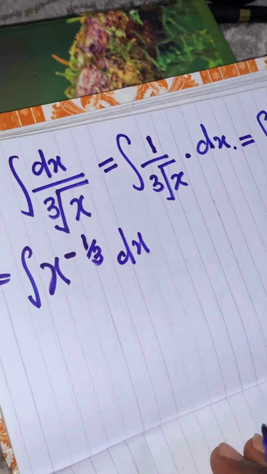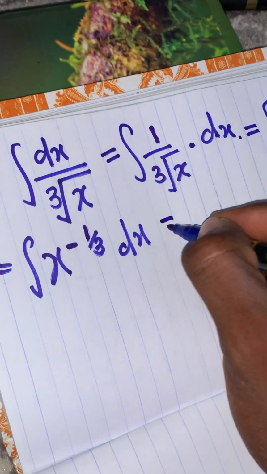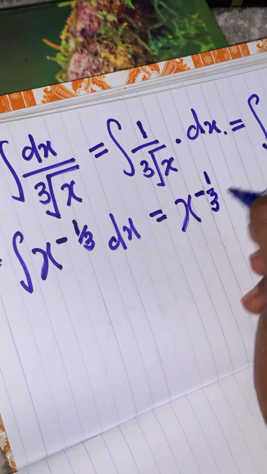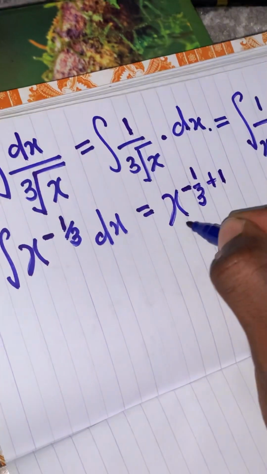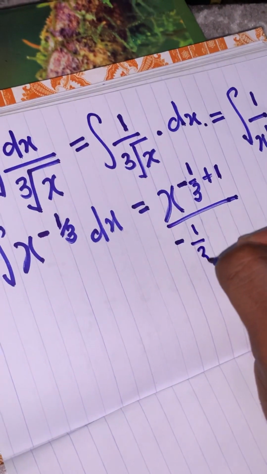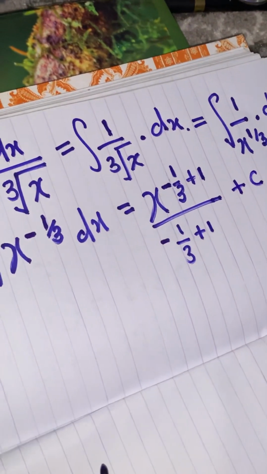So we can now move further and integrate this expression. This would be x power negative 1 by 3 plus 1, then divided by the power, negative 1 by 3 plus 1, then plus constant c.